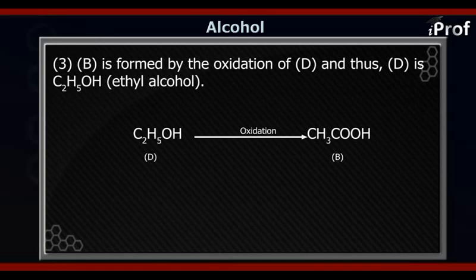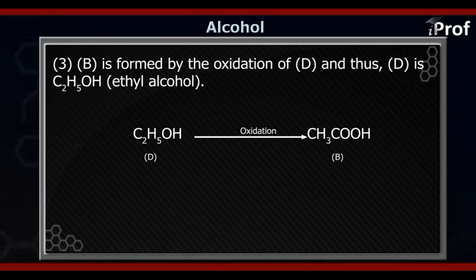So therefore till now we have come out with 3 points. The first point we said is that E does not give the Tollens test, does not give the Fehling solution test, but forms 2,4-dinitrophenylhydrazone. The second point which we made out is that E is formed by heating B with calcium hydroxide, so B has to be acetic acid.